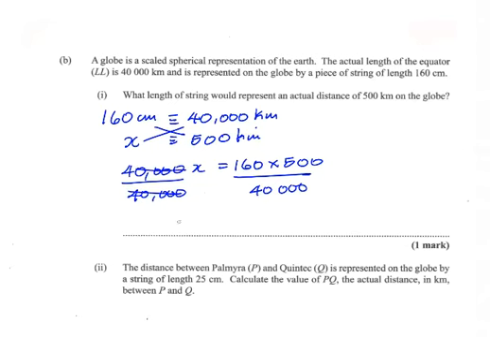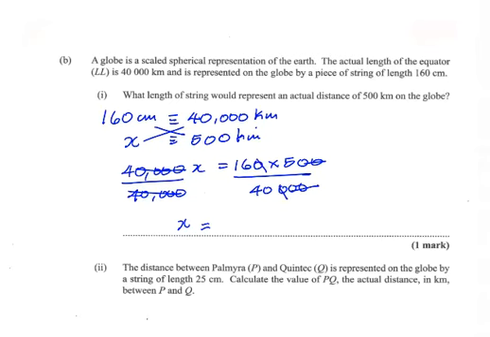X is the distance on the globe. All right, two zeros here, two zeros here, a zero here, a zero here.